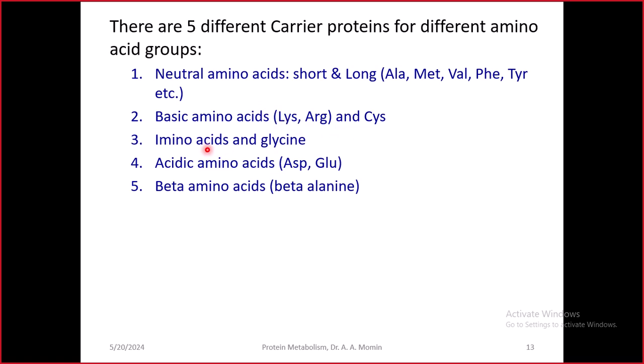One is for proline and glycine. Acidic amino acids have a different carrier protein that includes aspartate and glutamate. Beta amino acids, like beta alanine, which has the imidazoline, have a separate carrier protein.